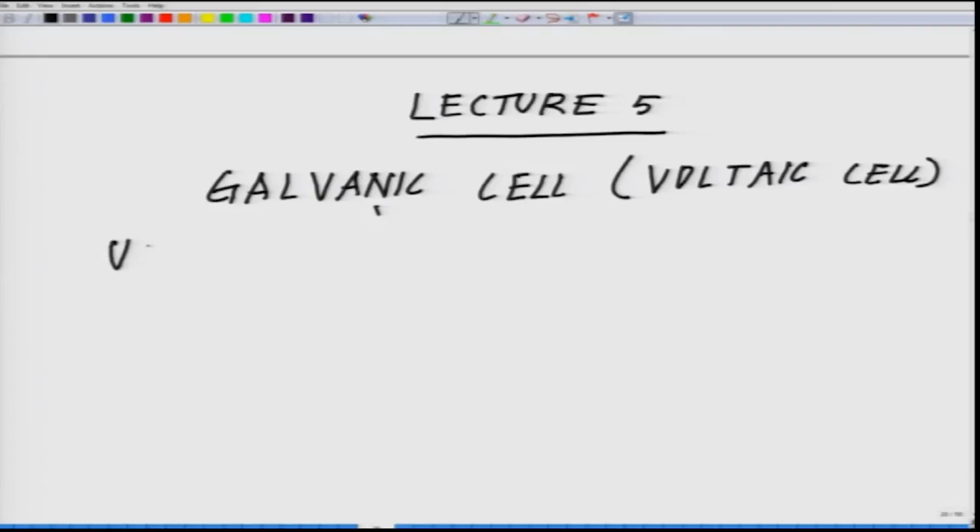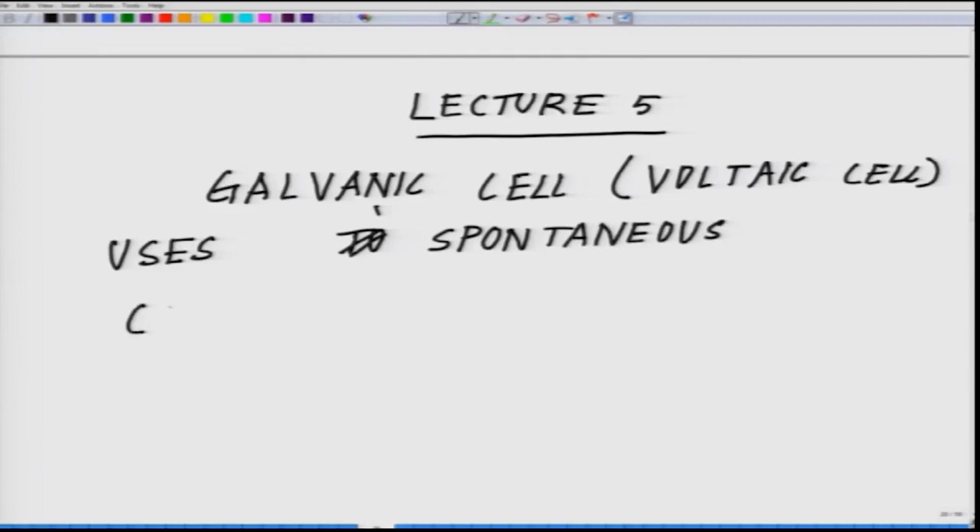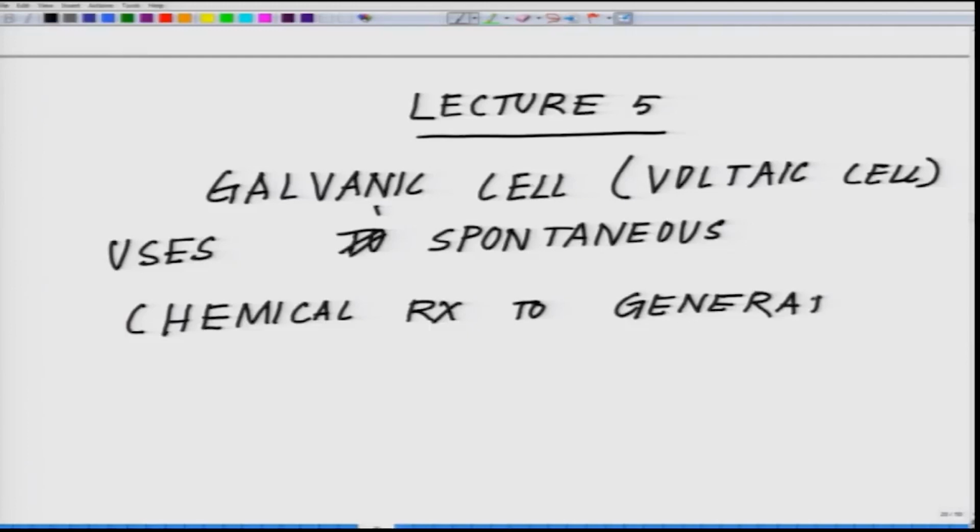It uses spontaneous chemical reactions to generate electricity. So, this is our basic fundamental definition.